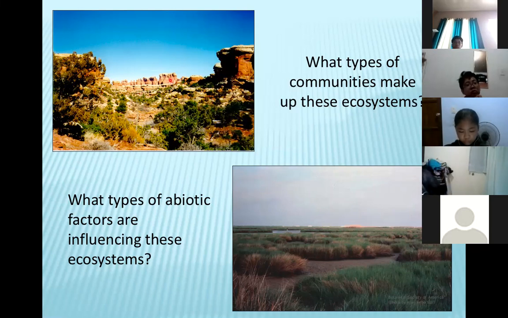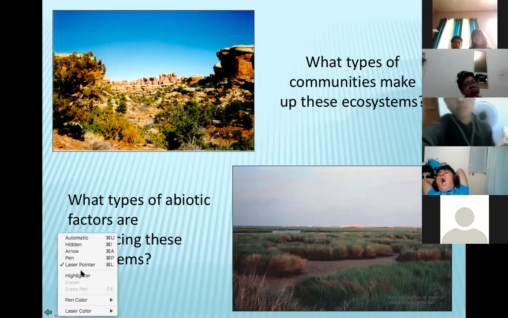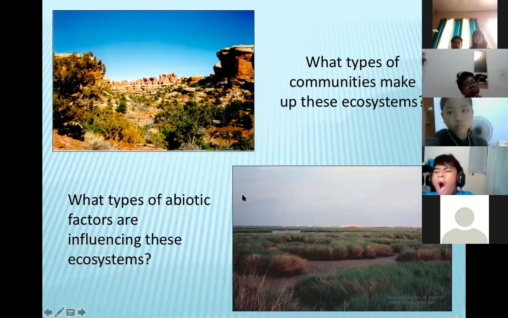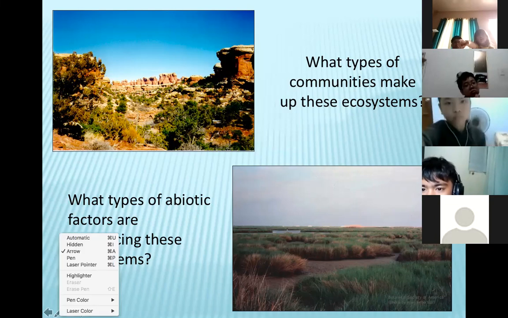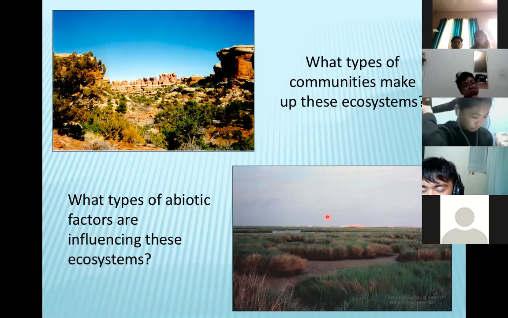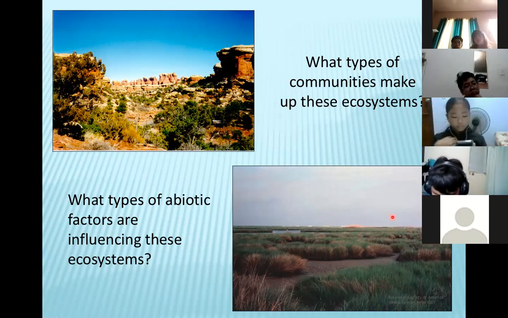At the same time, you can expect that big animals will not survive or will not thrive in this kind of ecosystem. But on the second picture, because there are a lot of grasses growing in this ecosystem, you can expect that there are more animals that can live and thrive in this kind of ecosystem. So it all depends on the abiotic factors.